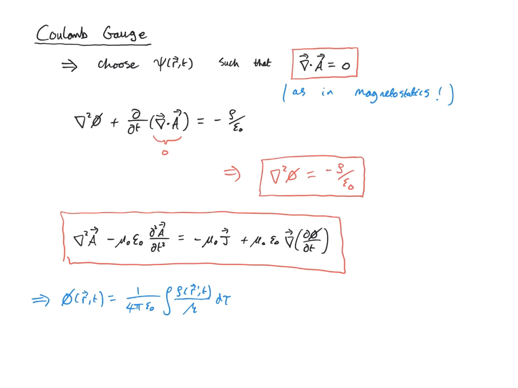And the vector potential can, of course, be written in terms of the magnetic field, which takes this form. So here I'm not writing the vector potential in terms of the source field, which would be the current density, but rather the magnetic field itself. And these results hold in Coulomb gauge.